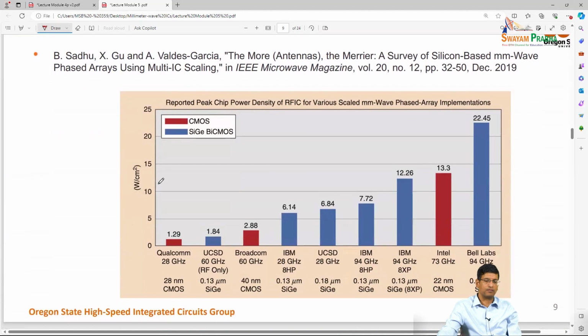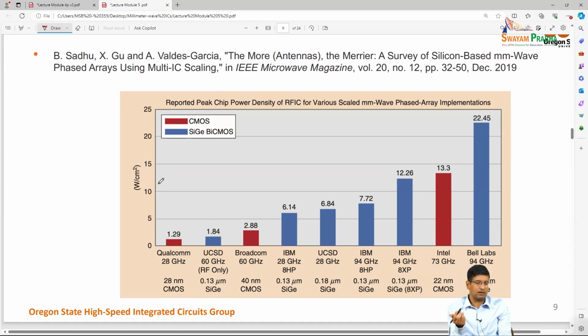So one of the real challenges in all this, and this is a very interesting number as well, is how many watts are we burning per centimeter squared, because we are trying to fit all these elements inside an IC. And as we increase frequency, it becomes a little easier to fit these elements because they are smaller. But then we are increasing the power density in our device, so we have to take the heat out in some way, right?